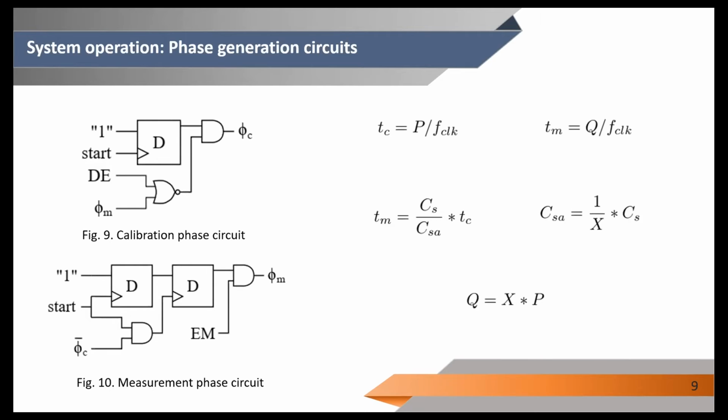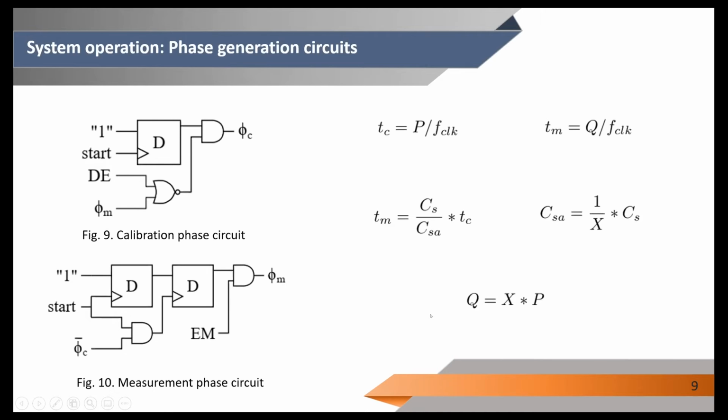Given that during the calibration and measurement phases the only difference in the system is the biosensor capacitance variation, the relationship between the two times is given by this equation, where C_SA corresponds to the capacitance with analyte and can be taken as the nominal sensor capacitance multiplied by a 1 over X factor.